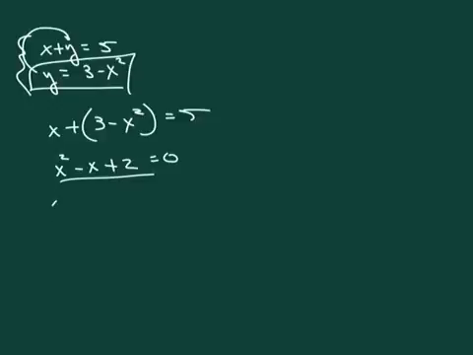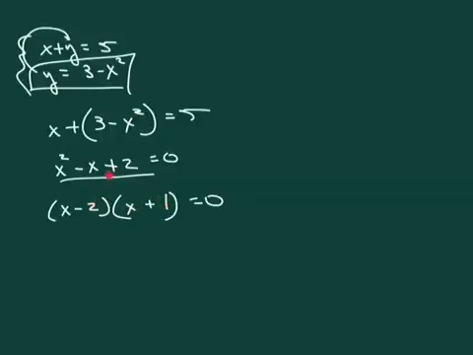Now, you could do two binomials. Two numbers multiplied together give me 2, added give me -1. There aren't any. Okay? So, I'm going to have to use the quadratic formula. Some people look at this and go, well, wait a minute, I could do x minus 2 and x plus 1, right?